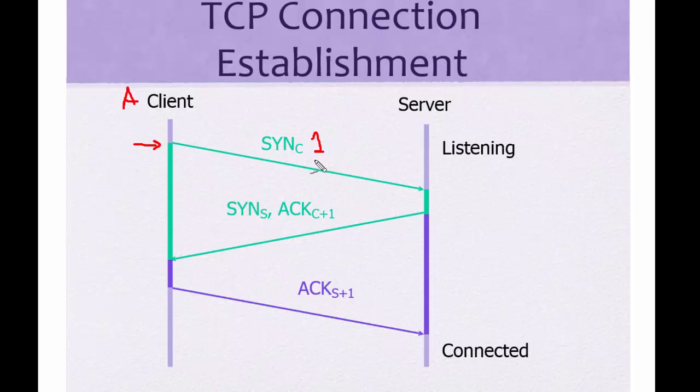SYN is short for synchronization. The SYN flag announces an attempt to open a connection. The first byte transmitted to device B will have a sequence number of ISN plus 1.